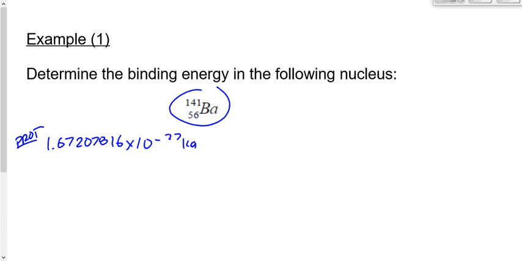How many protons are there? There's 56 protons. So that gives me a total mass of protons of 9.363637696 times 10 to the negative 26 kilograms. So this is the mass of all my protons.